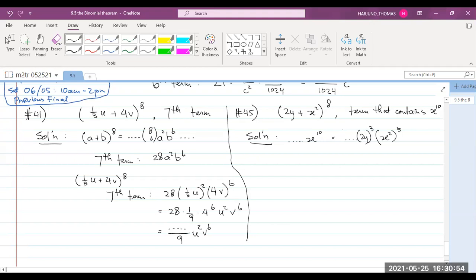And this must be 8 combination 5. You see what I mean? So 8 combination 5, 8 choose 3, 56 times 8 y cubed x to the 10th. So that's 448 x to the 10th y cubed.